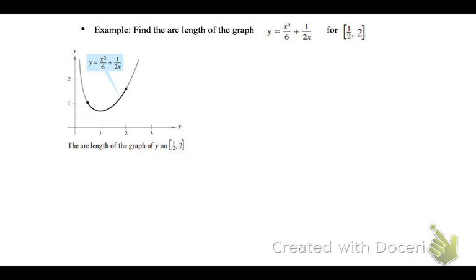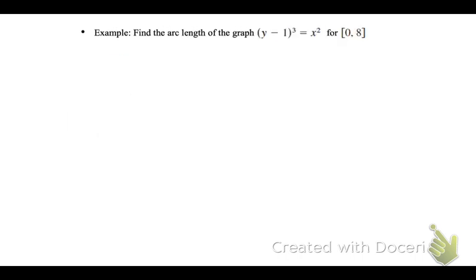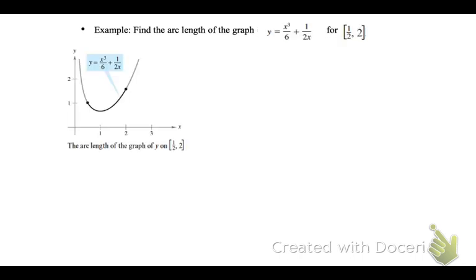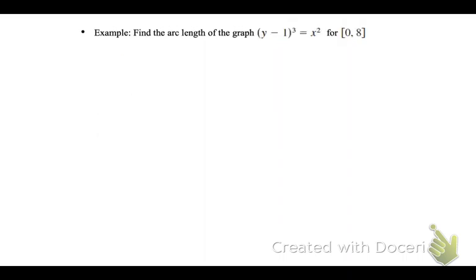So we found that this arc length was 33 over 16. Now, we should have a unit if they had units or whatever, but that's it. That's what you're doing.